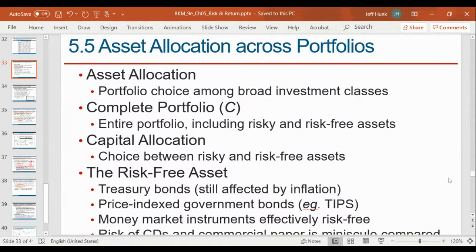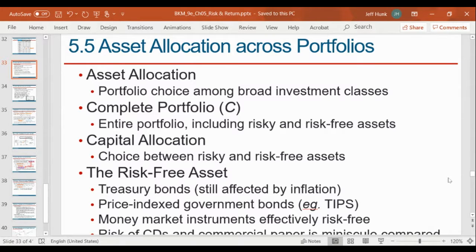Okay, so now a complete portfolio consists of two categories: risky assets and risk-free assets. Risky assets, if they are grouped together, form a risky portfolio, right?